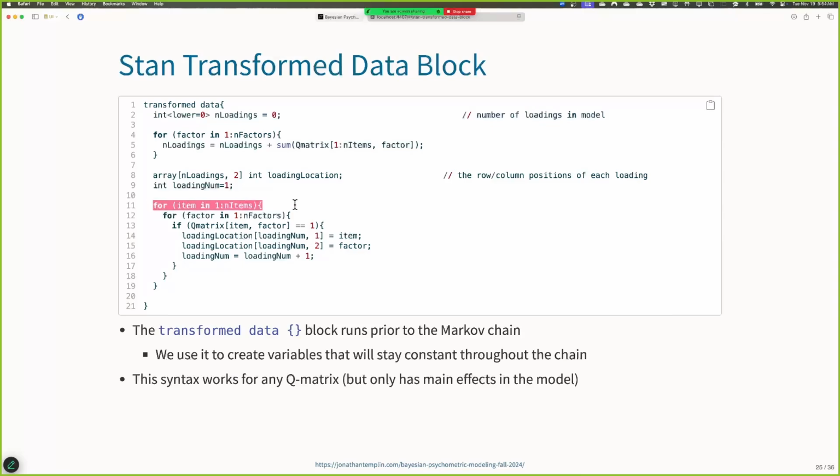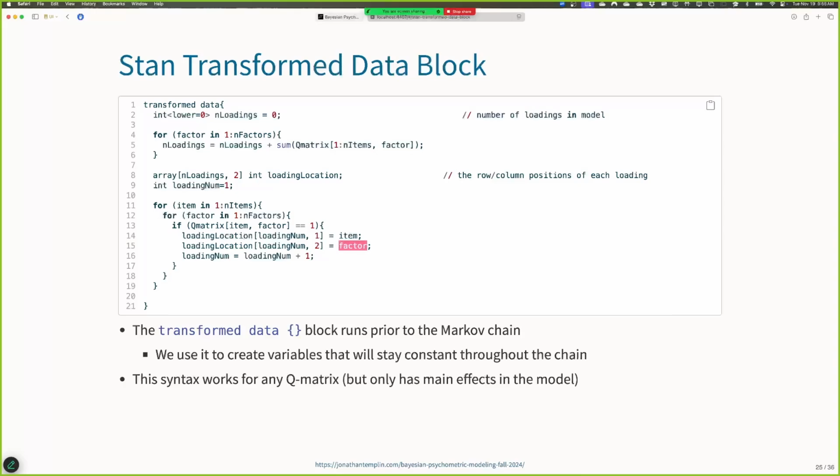For every row, that's an item, and every column is a latent variable or a factor. If that Q matrix entry is a 1, I'm going to save in loading location its row and column position, because I need to know that to take my lambda element and put it into the lambda matrix. Does that make sense?